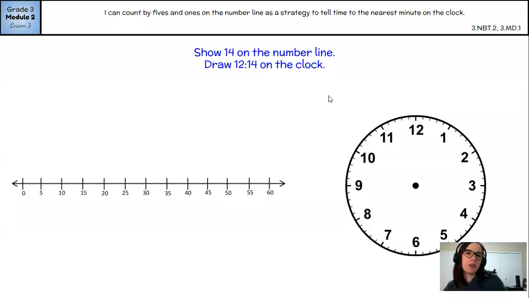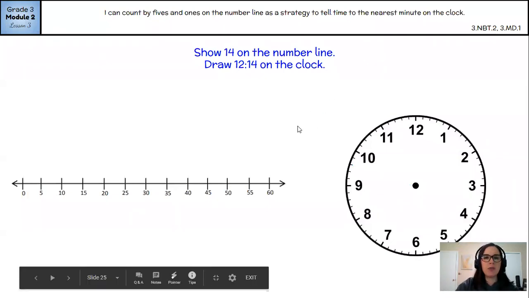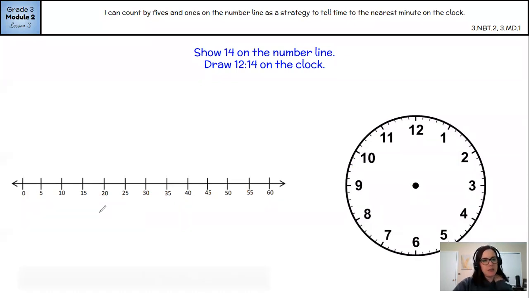Okay, this is the last one we're going to do. Show 14 on the number line and draw 12:14 on the clock. Okay, so 14 is going to come between 10 and 15, right? So 11, 12, 13, 14. I'll use a stamp to mark the 14. And draw 12:14 on the clock.